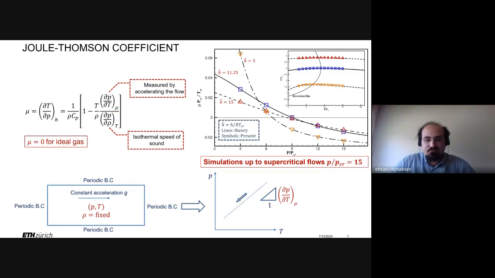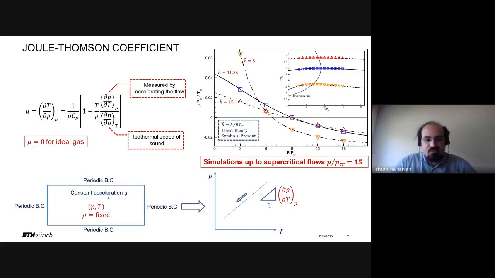Now, to measure this quantity, we consider a domain with an initial pressure and temperature, where the flow inside the domain is subject to constant acceleration. During the acceleration, the pressure drops.